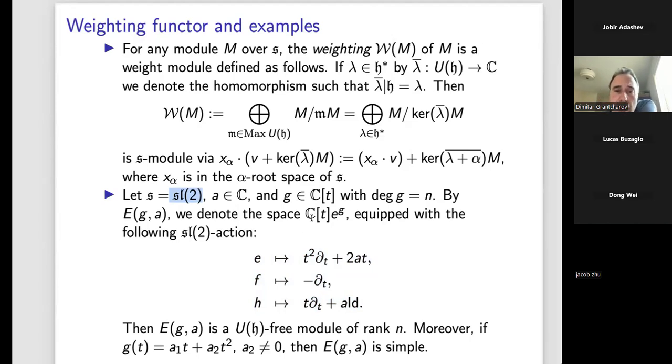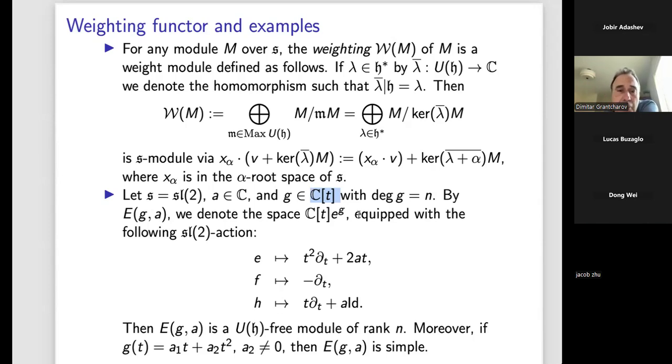And we have, for example, the polynomials as a module over SL2 in a nice way. So this is a weight module. We can kind of twist C[T] with some powers of T, and we get some important weight modules that will lead eventually to the classification of all simple weight modules of SL2.